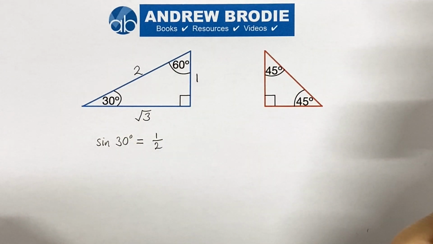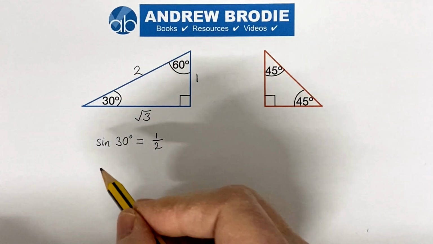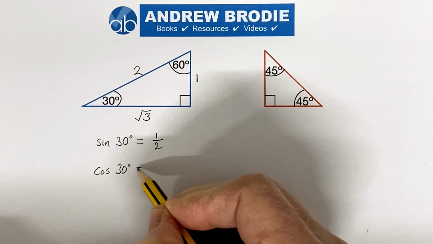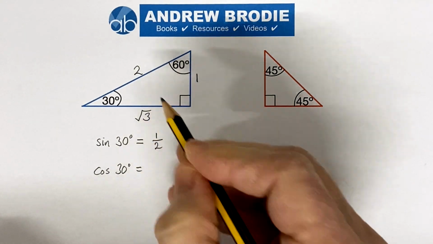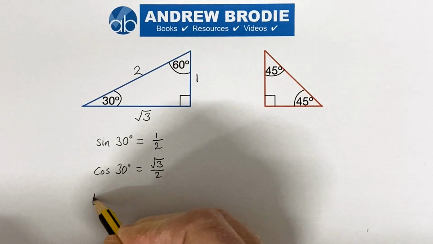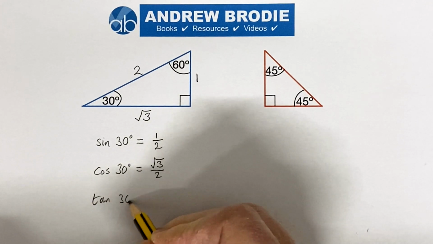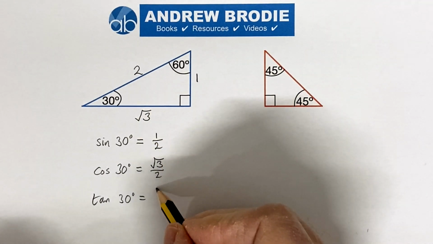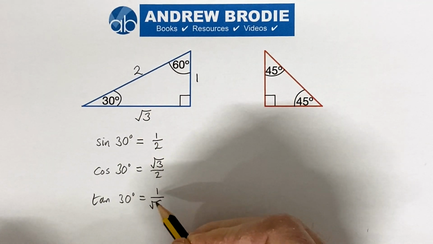So it's a half. Cos 30 is adjacent over hypotenuse. So it's root 3 over 2. And tan 30 is opposite over adjacent, so it's 1 over root 3.